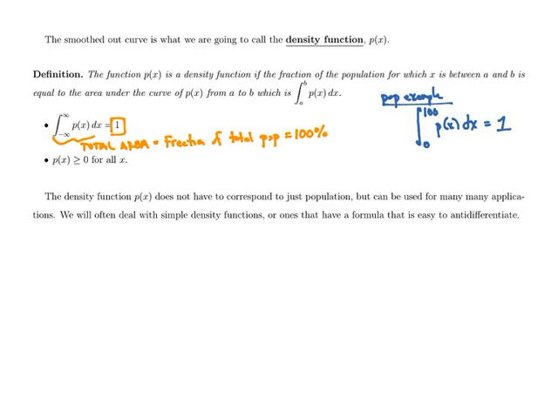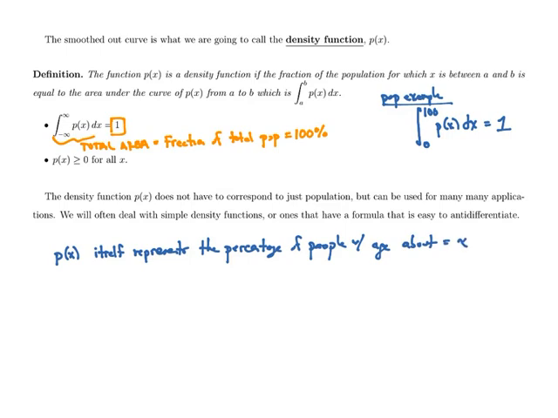We also have that p of x is always going to be greater than or equal to 0 for all x, as we're going to think of p as a probability, and we're never going to have the probability of something or a percentage of something be less than 0. So p of x itself represents the percentage of people with, in this case, age about equal to x.